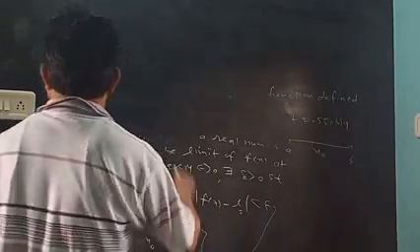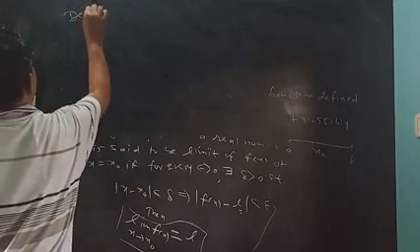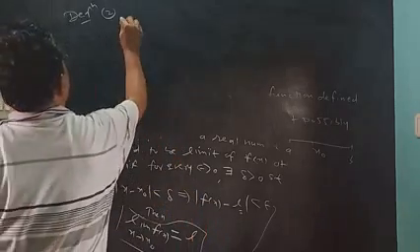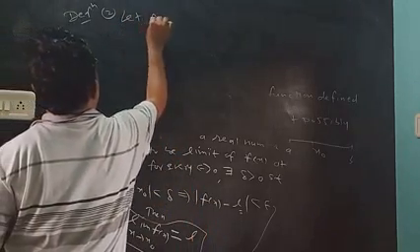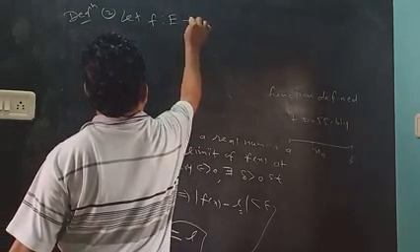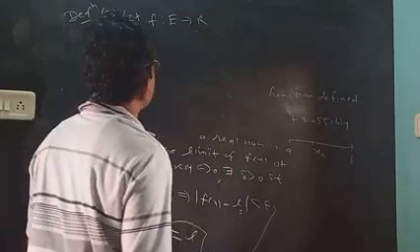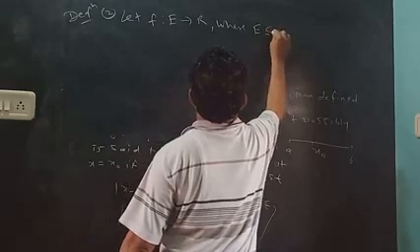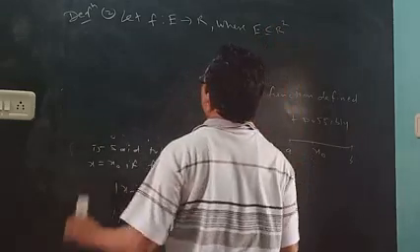Now two variables, similarly another definition of two variables. Let f be a function defined from E, suppose, to R, set of real numbers. Here this E is a subset of R2, two dimension.